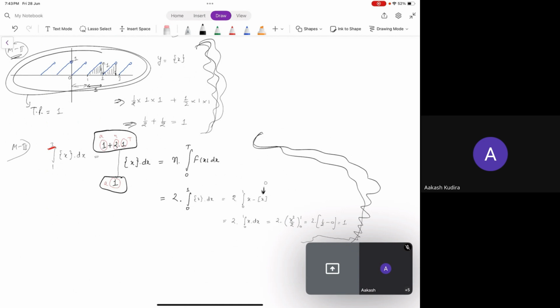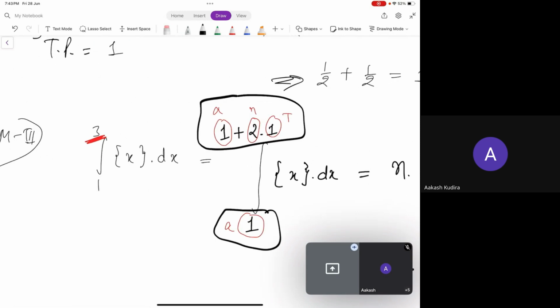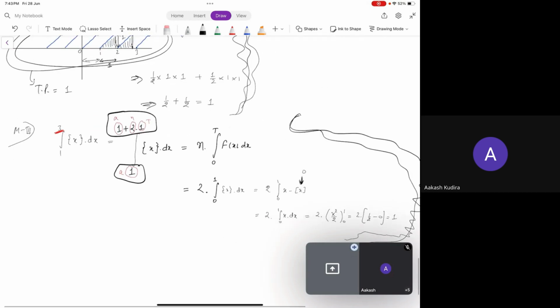The only condition is you should know how to apply the property. Here the limits are from 1 to 3, so you should know how to break the limits, so that we can judge what is a, what is b, what is n, what is t. Please note this question fast.